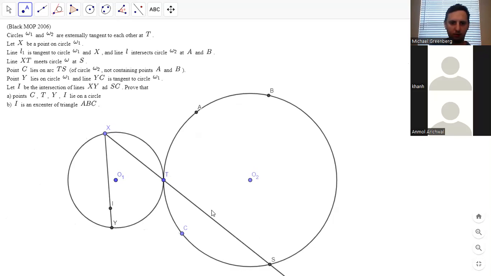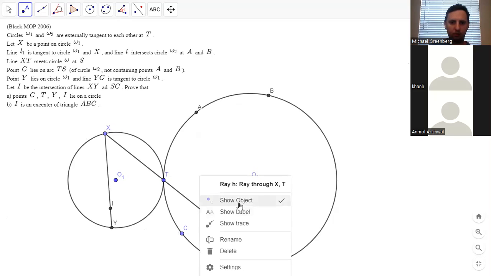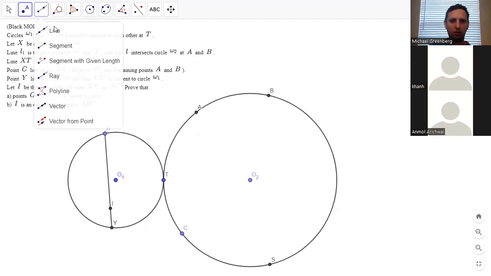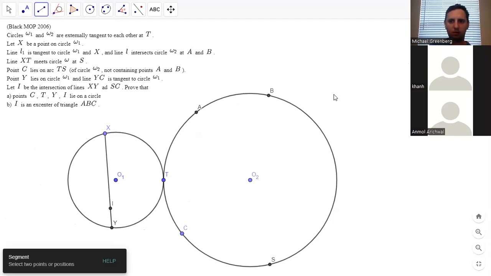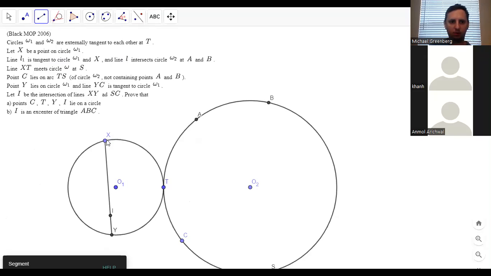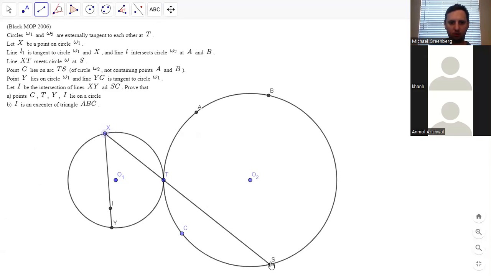All right. So CY was tangent, and SC and I are collinear, and then these are tangent.